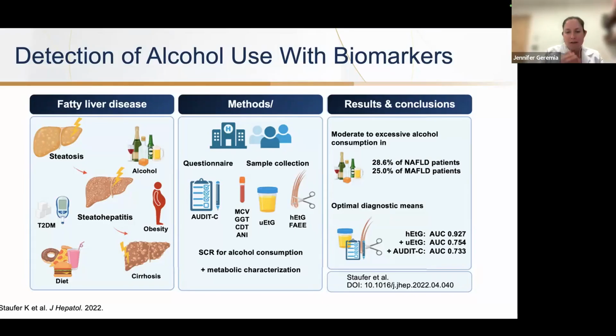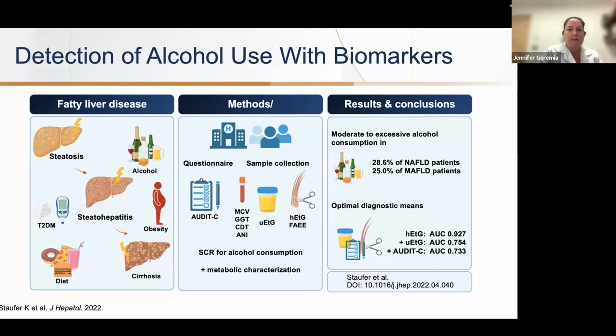And so looking at this, the hair ones are kind of interesting because they do hang out for a while. FAEE in particular is a derivative of alcohol that gets secreted through the sebum in the hair. Now, if you have just had your hair dyed, it could skew the test. So there's some limitations there, but it sticks around for a while, similar to the fact that marijuana is fat soluble.